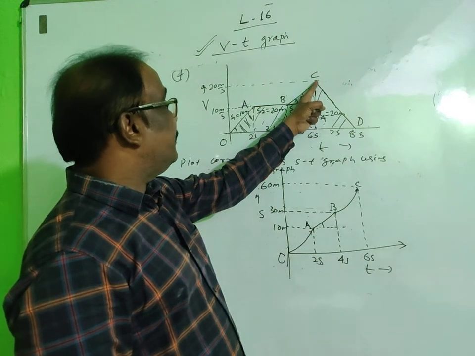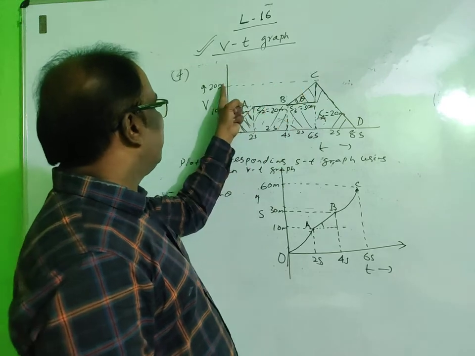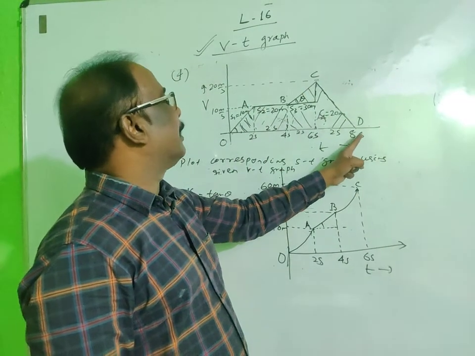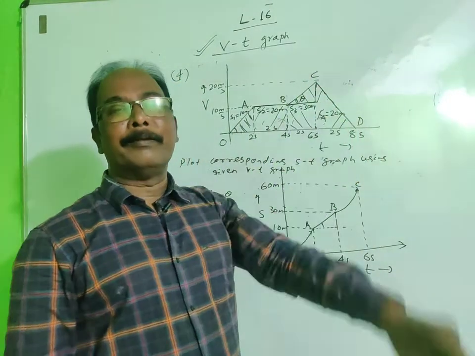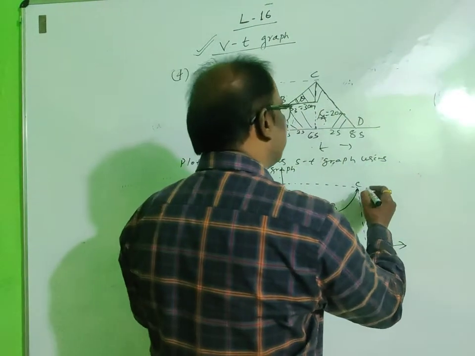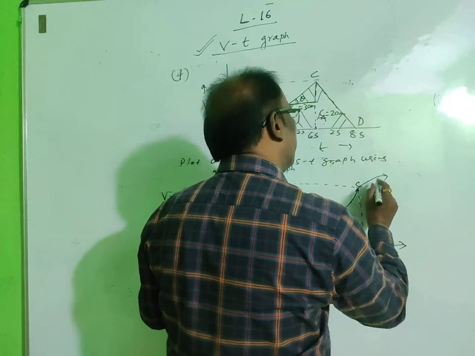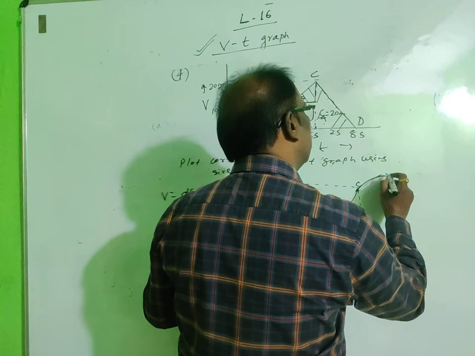Then from C to D. At point C, time is 6 seconds and corresponding velocity is 20 meter per second. At point D, time is 8 seconds and velocity is 0, motion is retarded, which means velocity decreases, tan theta decreases, thus the graph is a curve bending downward.